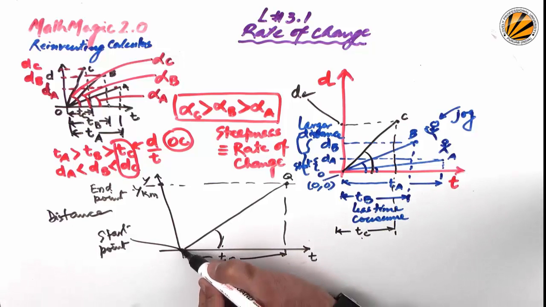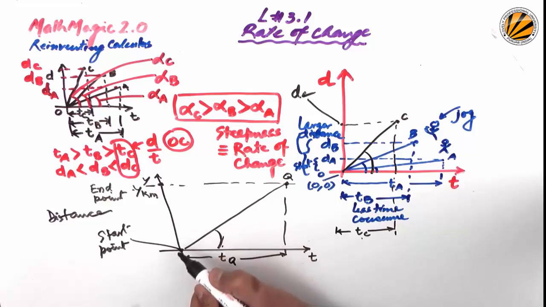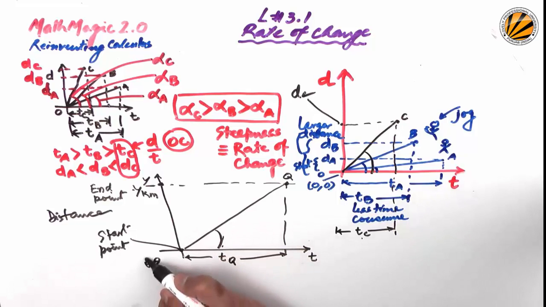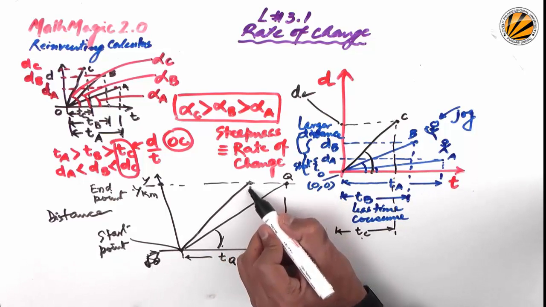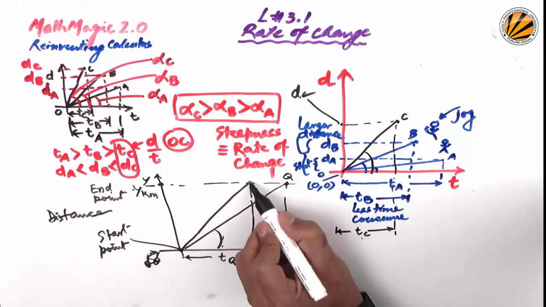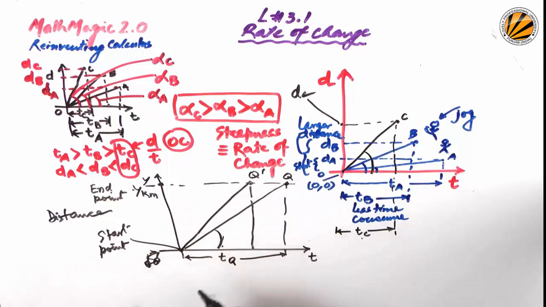If the person is taking maybe a motorbike to ride, then the rate is faster and the time to reach the same end point, that is Q prime, would be less, because the time taken is TQ prime.